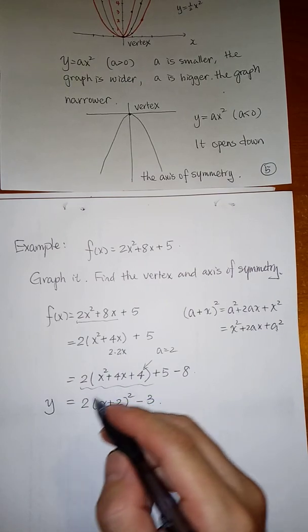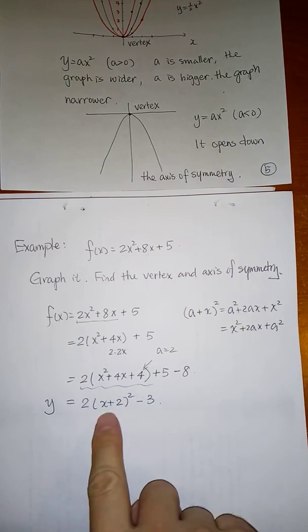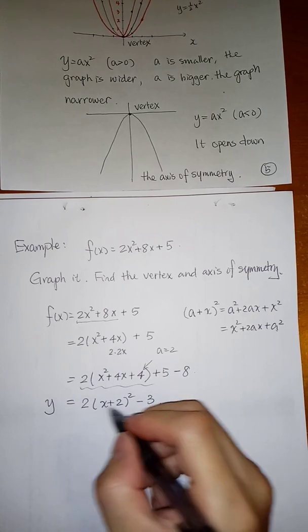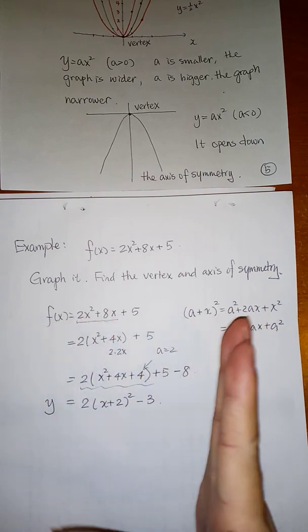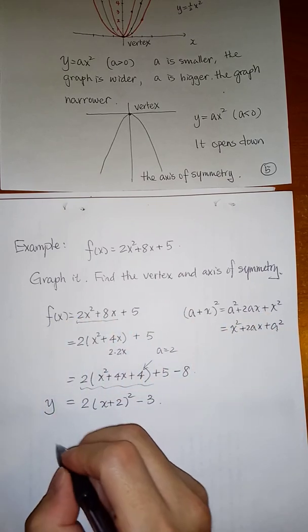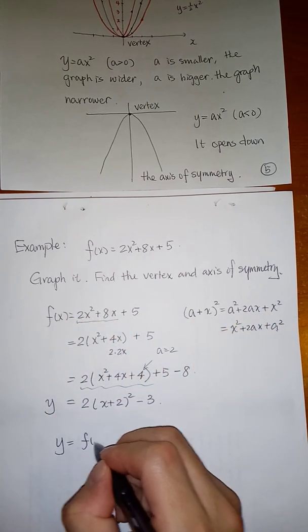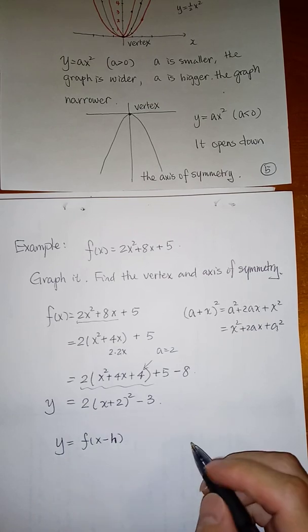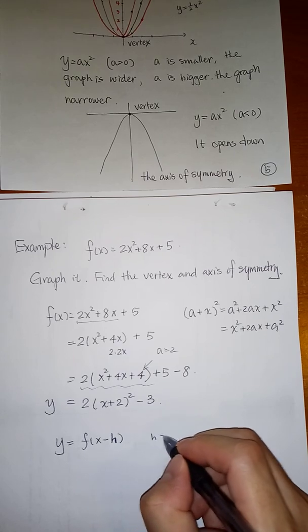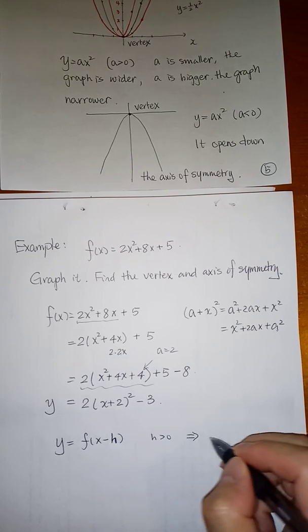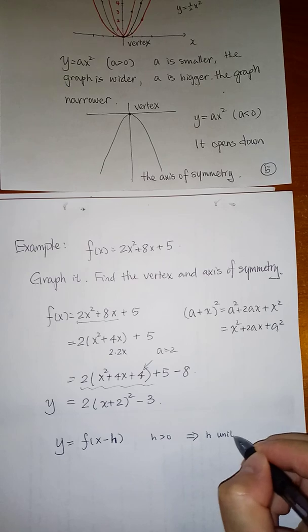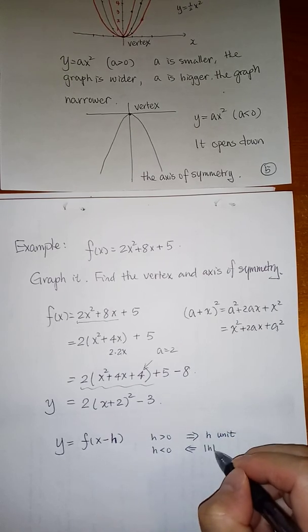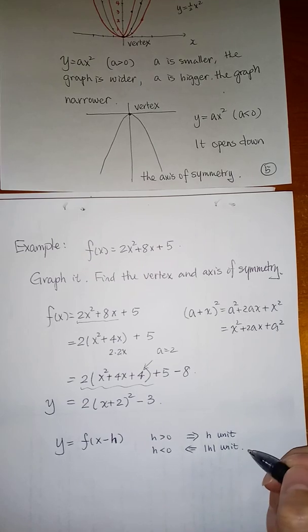Okay, so how do we get the graph of this? In order to get the graph, remember we have the shift method, shift idea. When you have y equal to f(x minus h), h positive, move to the right h units. h negative, move to the left absolute value of h units.